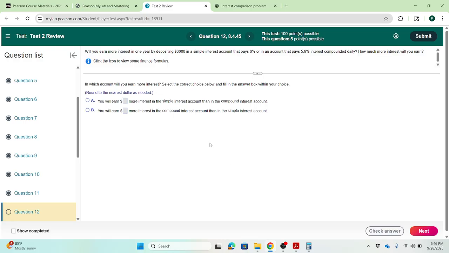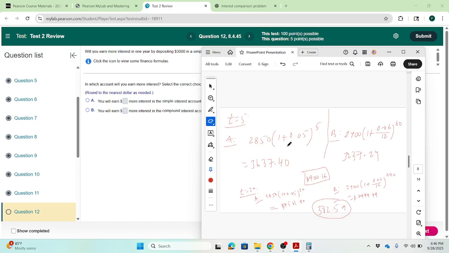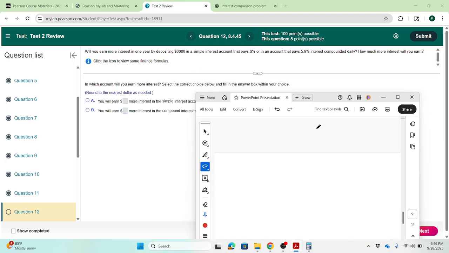Will you earn more interest in 1 year by depositing $3,000 in a simple interest account that pays 6%, or in an account that pays 5.9% interest compounded daily? So you can just use the simple interest formula.